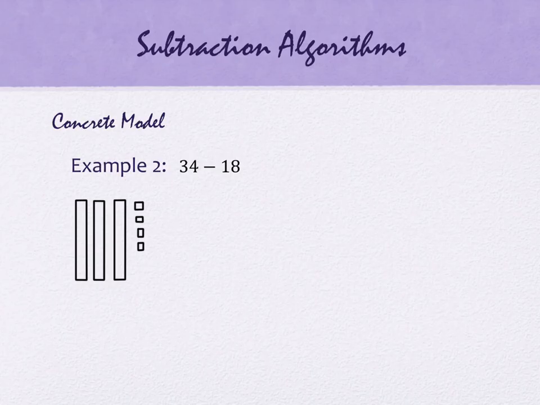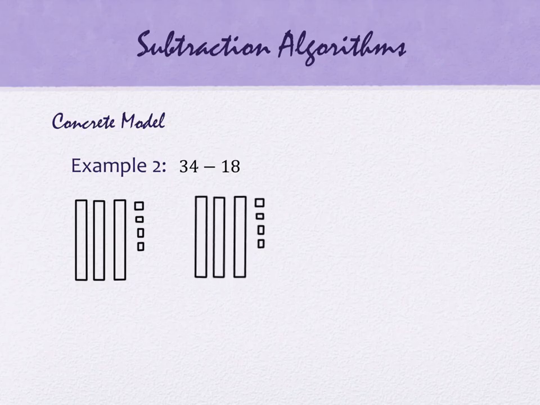So my picture would change as follows. I would take one of these and I would replace it with 10 longs. They're all broken apart. So these are actually equal, from here to here.